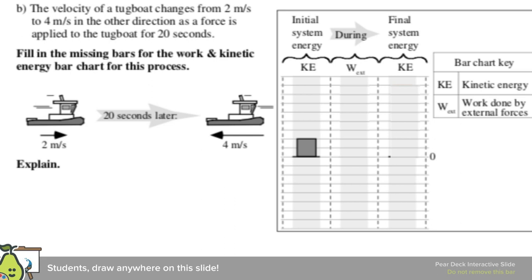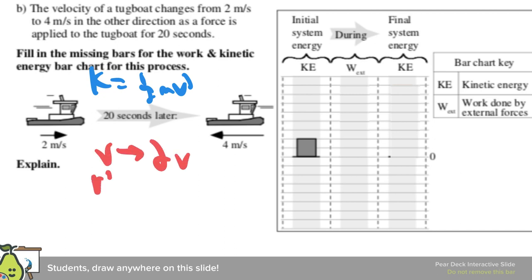And we still have that the kinetic energy is 1/2 mv squared. So it's still true that v going to 2v implies that v squared goes to 4v squared. We still have 4 times as much, and so we still end up with 8. 2, 4, 6, 8.